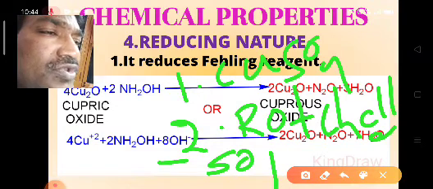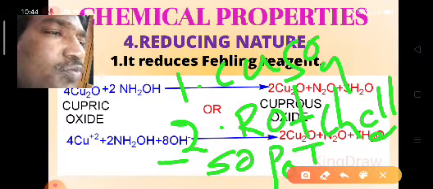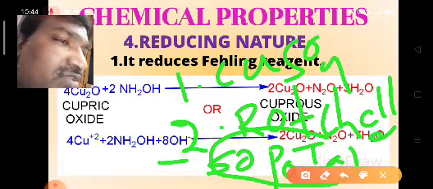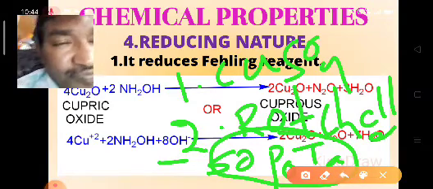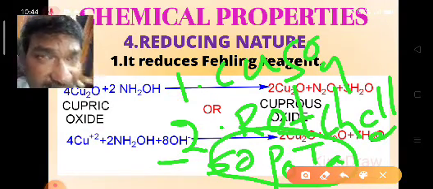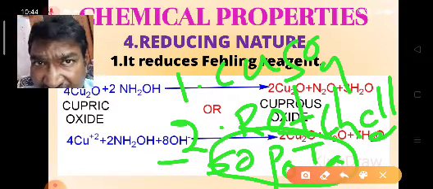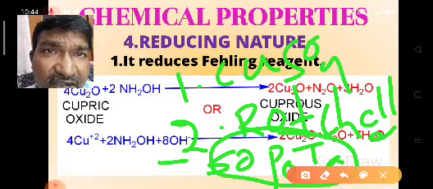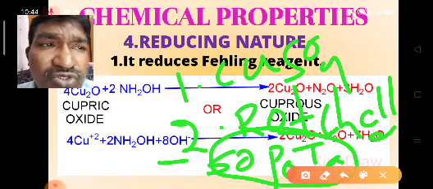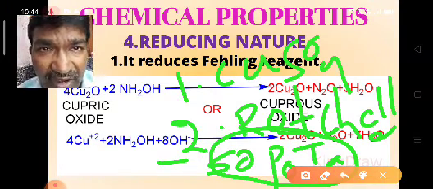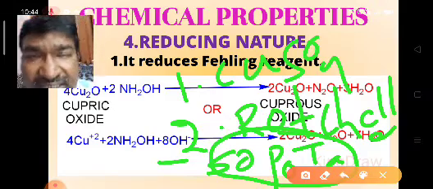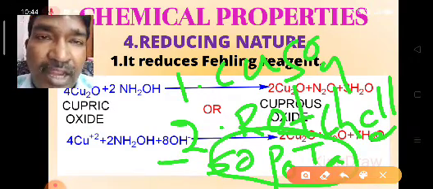It is sodium potassium tartrate, SOPOTA or SAPOTA. With this acronym we can easily remember Fehling 2 reagent. Fehling 2 reagent is alkaline solution of Rochelle salt. Then what is Rochelle salt? It is a sodium potassium tartrate. You know very well that tartaric acid is present in the tamarind.